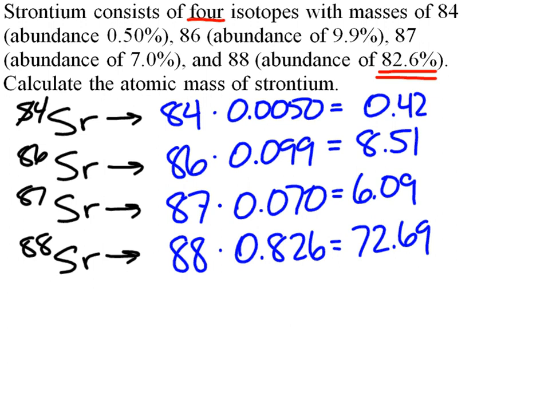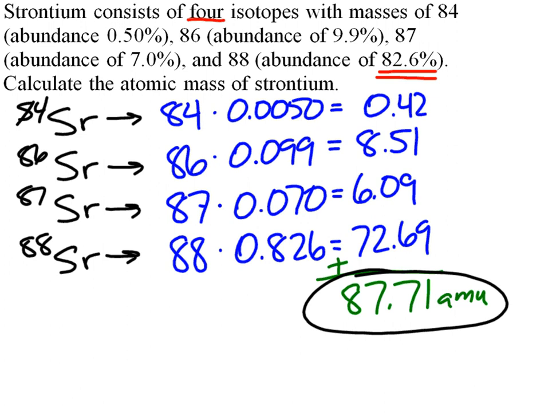I add all these products together and end up with 87.71 AMUs. If you remember at the beginning of the problem, I said that because so much of the abundance of this element has a mass of 88 AMUs, 87.71 AMUs is pretty close to strontium-88. So it makes sense that since so much of it is 88, the average should be near 88.